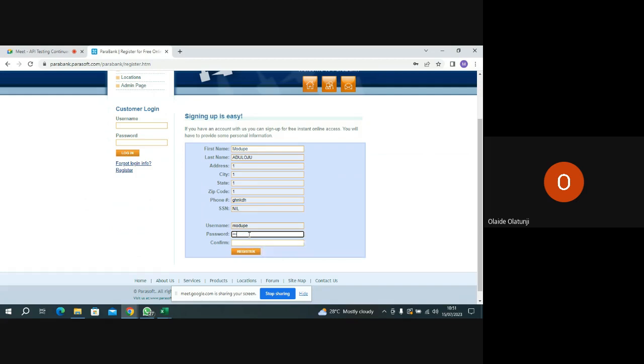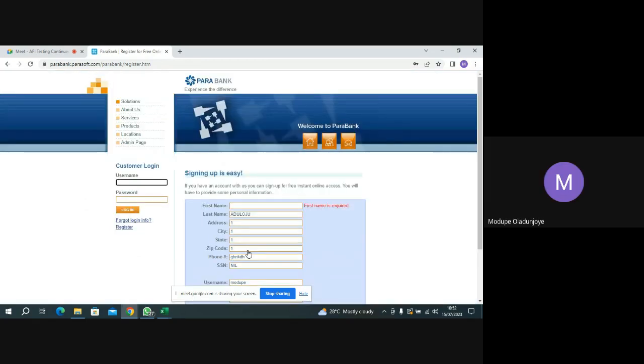Are there any requirements to the password? No? Okay. I mean, if you enter four characters. Okay, put the first name, the password, and the confirm password.